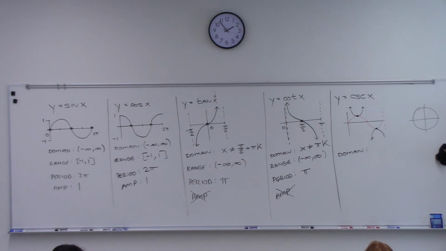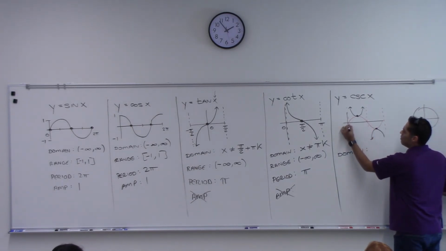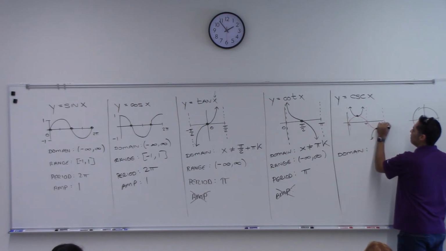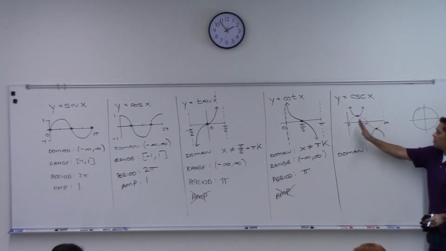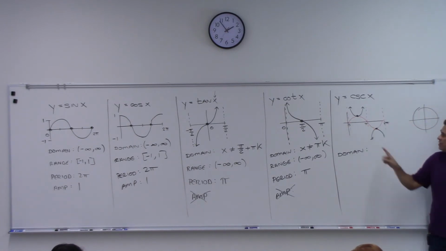Wait, no. Hold on, I'm having a complete moment. Yeah, no, this is right. Okay, look at this right here. We have 0 here, pi here, 2 pi. Yes? That's where our verticals are. That corresponds to where the sine function is 0, these x-intercepts of the sine function.